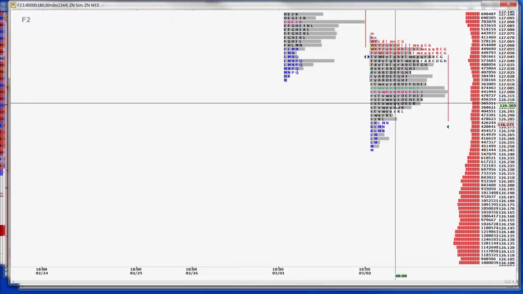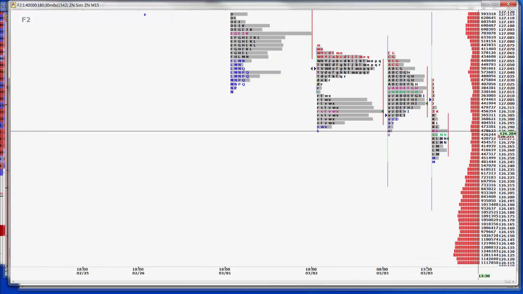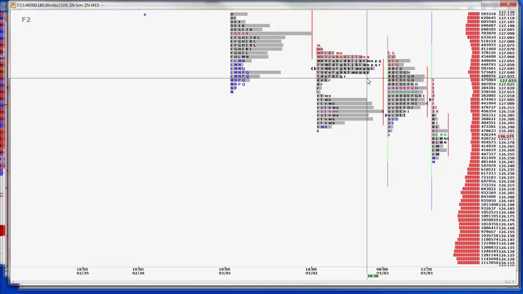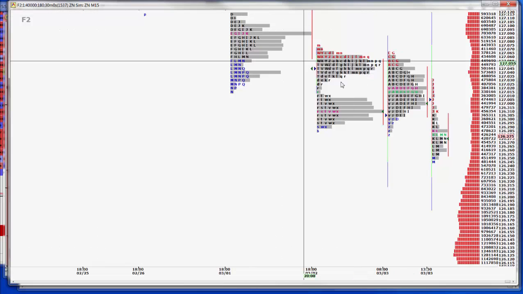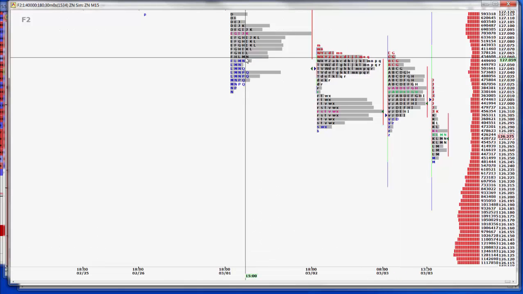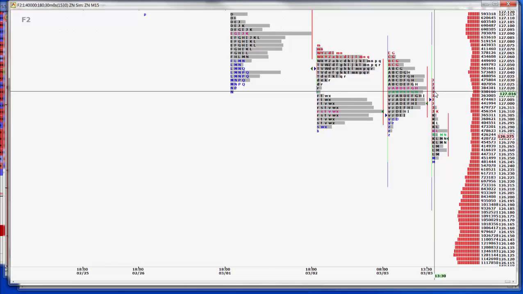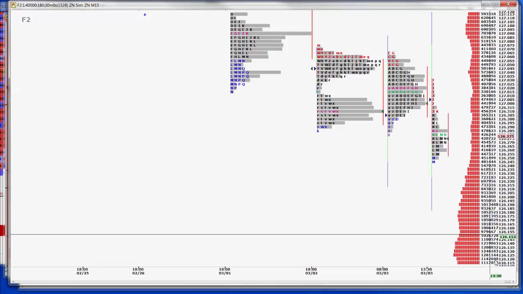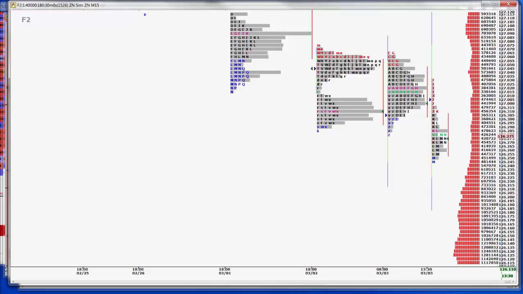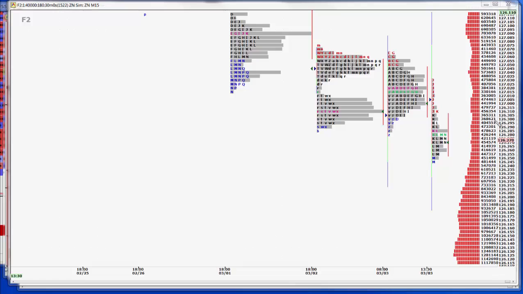Is that confirmed by the F2 screen? And you can see we have a B pattern right here. We put these three distributions together. We've got a B pattern, and we have a move that came out of the middle in J area and started to move down. So we're sellers like we were this morning.